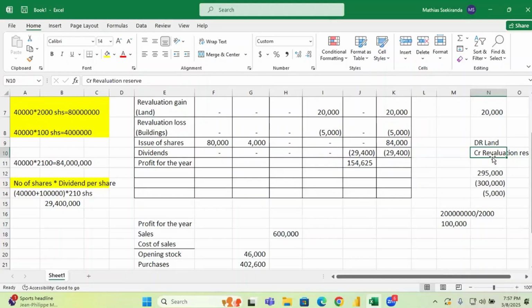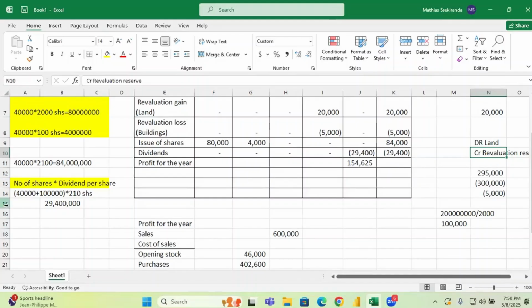Only that at level 1 we treat it as one statement, but for the statement of profit or loss and other comprehensive incomes, we first come up with a statement of profit or loss, and then below it we normally come up with other comprehensive income statement. So revaluation gain does not go straight to the profit or loss statement.